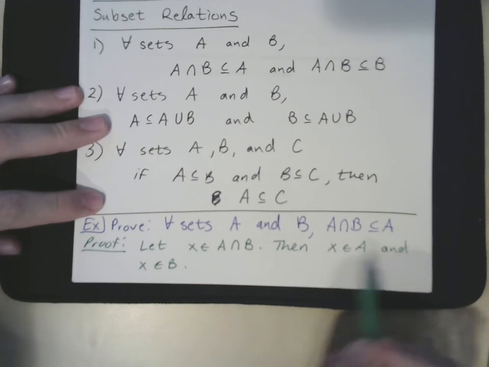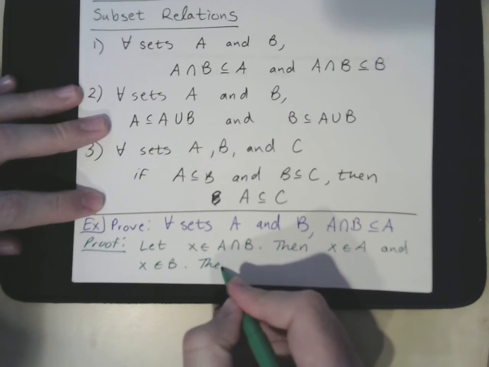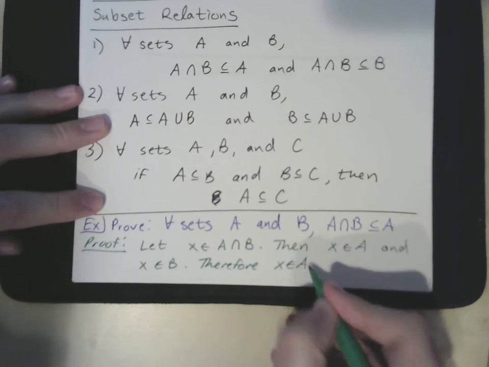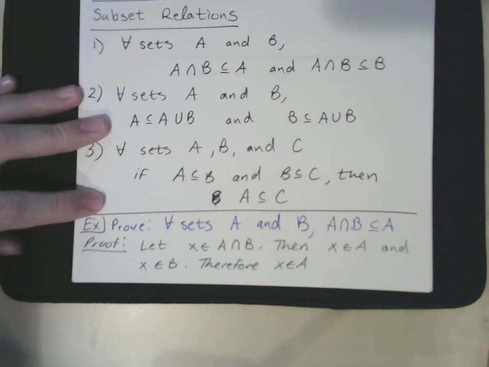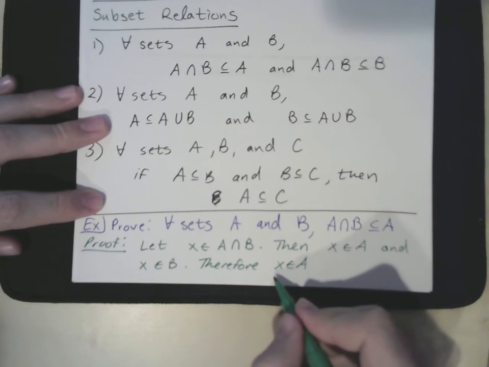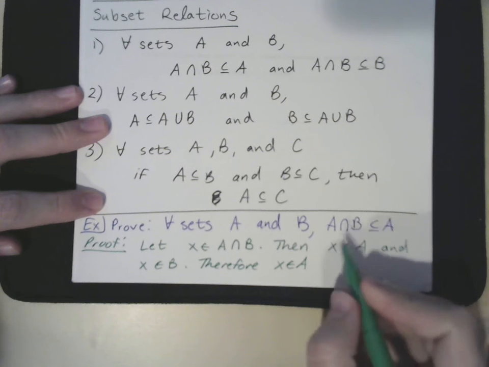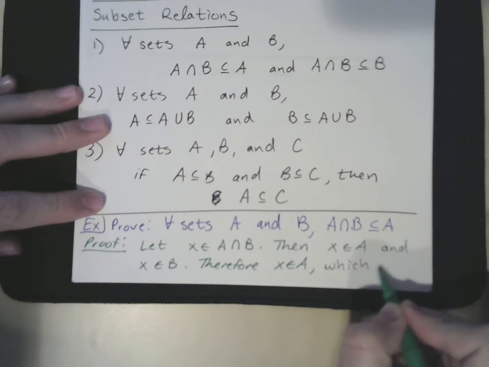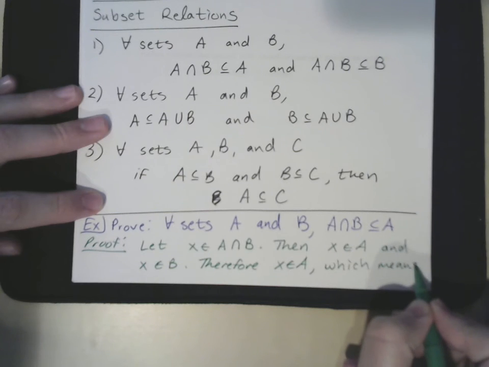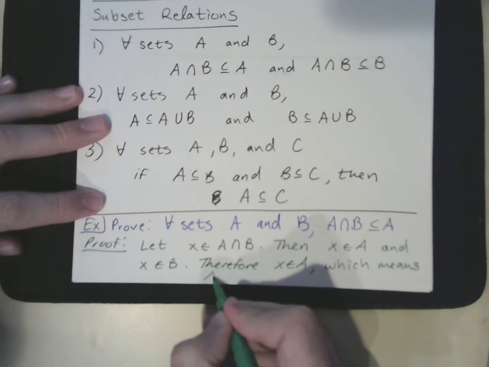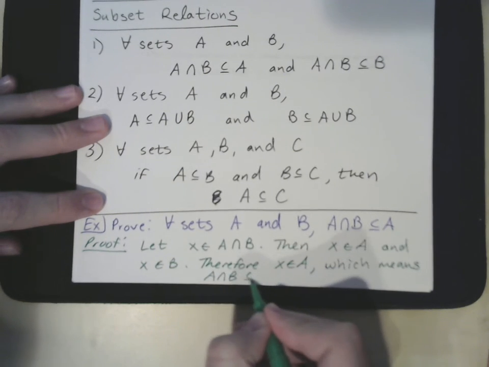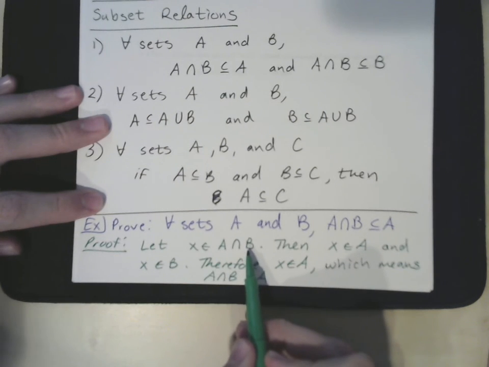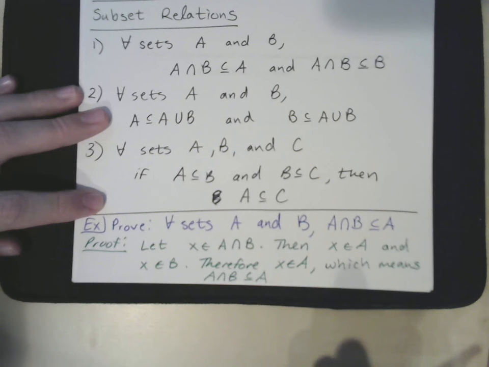So X is in A and X is in B. We can therefore say that X is in A, specializing. And so X in A means that A intersect B is a subset of A, because we took an arbitrary element in the intersection and showed that that element is also in A.